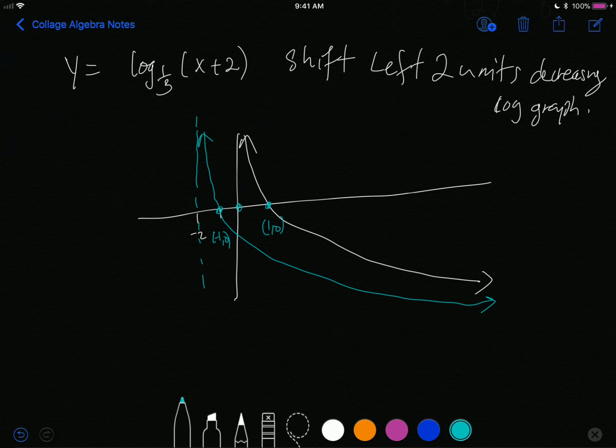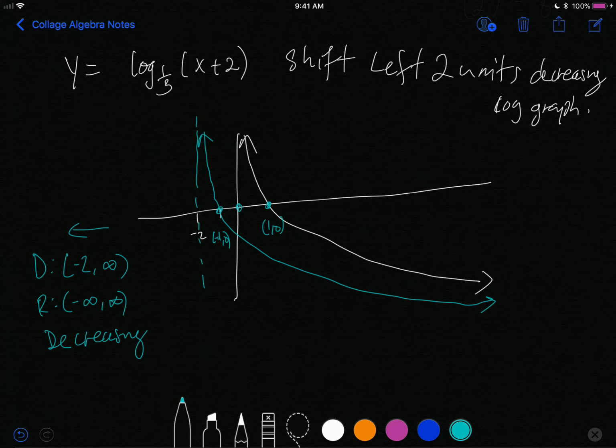So, with that in mind, again, my domain does not change. Oh, actually, my domain has changed. It's no longer from 0, because I can plug in negative 1, for example, and get an answer. My domain will now be from negative 2 to infinity. It got shifted over 2 units. My range will never change. The graph is still decreasing.